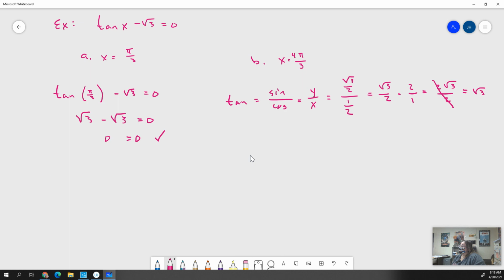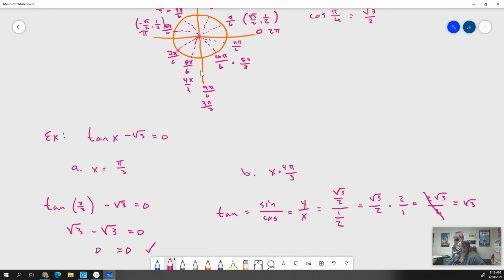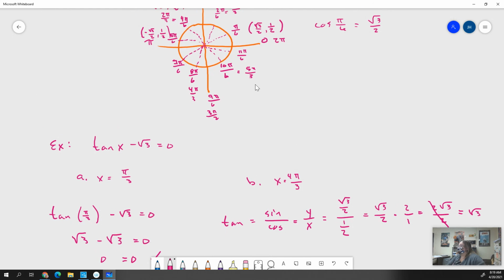we're saying the same thing, right? We're asking the same question. We've got tangent of x, but now we're saying that x equals 4 pi over 3, minus radical 3 equals 0, right? So we have to figure out what we get at 4 pi over 3. And if we come out here to 4 pi over 3, I did not write it out, but we're going to get the same numbers, correct?